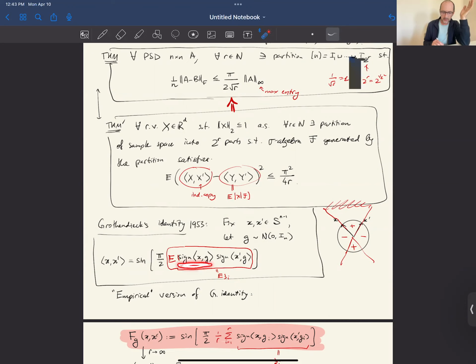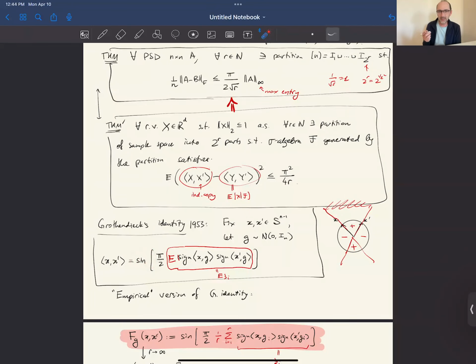So basically, this identity allows us to replace the sums of products of numbers by the inner product of vectors. That's what the Grothendieck inequality says. The only problem is the sign, this nonlinearity.